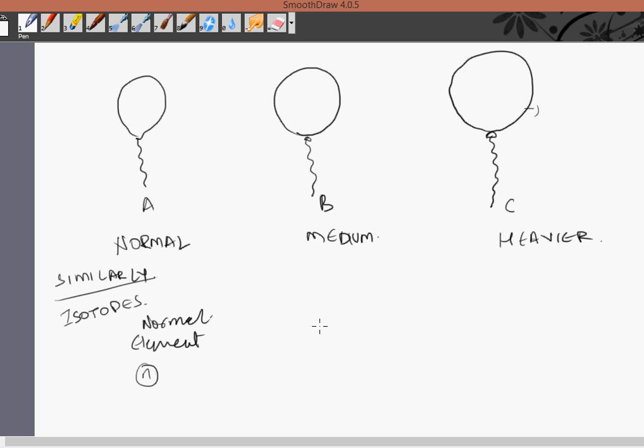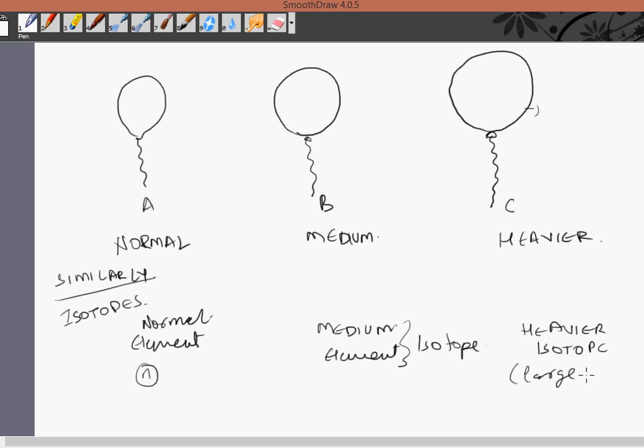And one, we have a medium element, that is the isotope of that particular element, right? And one, there's a heavier isotope having a large number of neutrons in the nuclei.